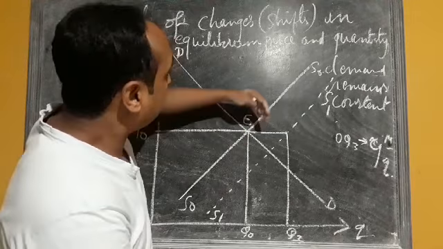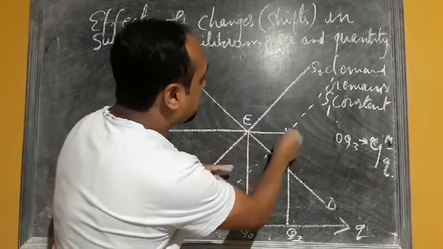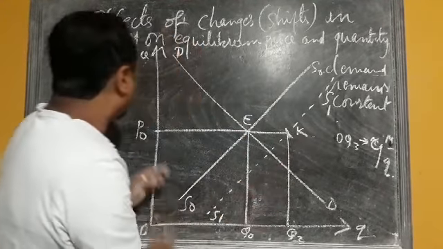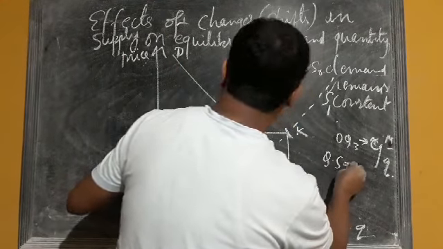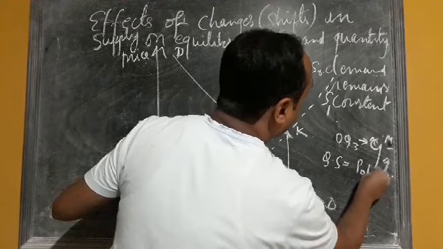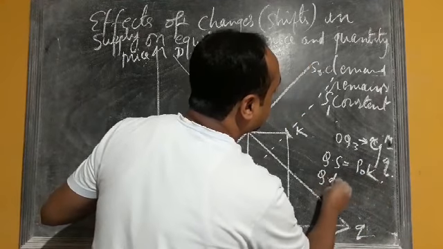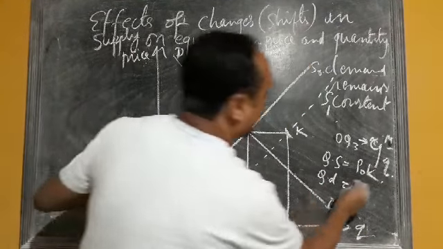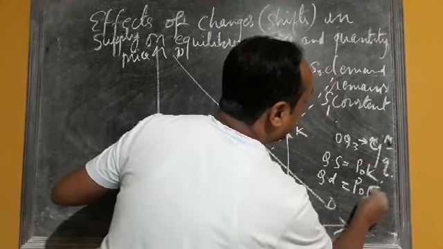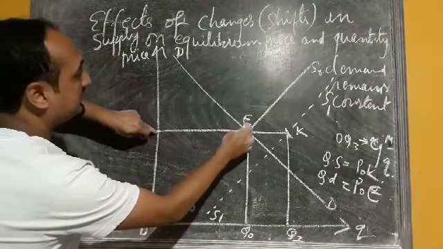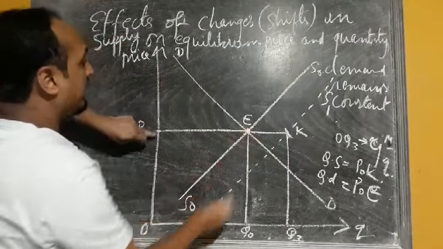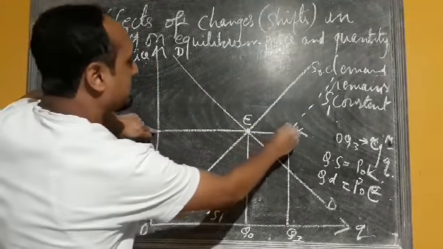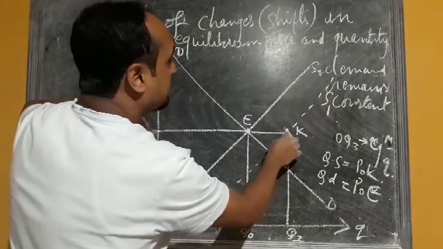Now here the supply is till that point K, so quantity supplied is equal to P0K and the quantity demanded is equal to P0E, because demand is still here, and supply curve is till here.